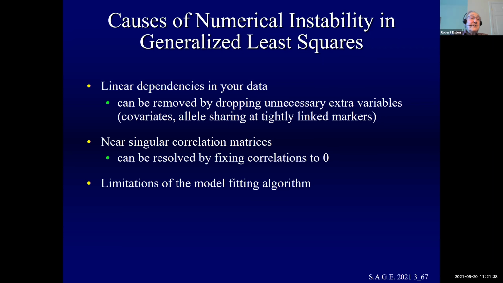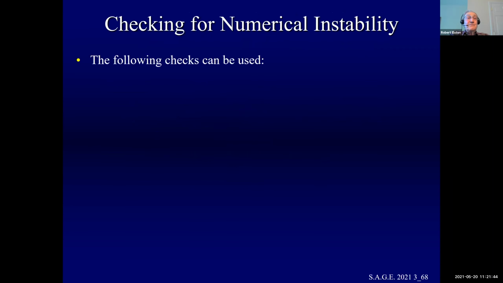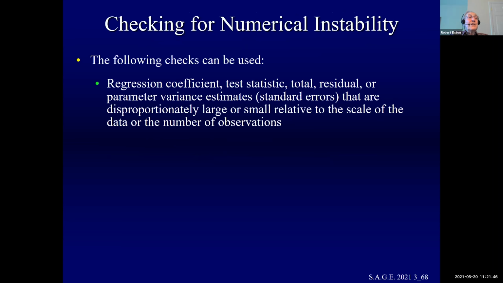And there are limitations of the model fitting algorithm. So these are the checks you would do. You'd look at the regression coefficient, the test statistic, the total residual parameter variance estimates that are disproportionately large or small relative to the scale of the data or the number of observations. That's number one. If they look completely out of the ballpark, then there's something wrong.